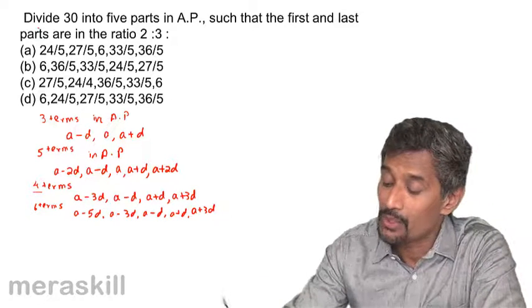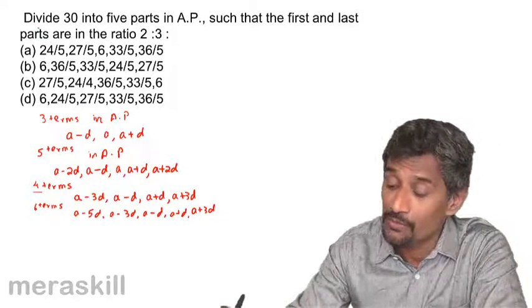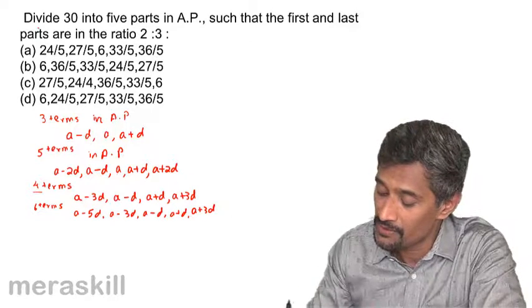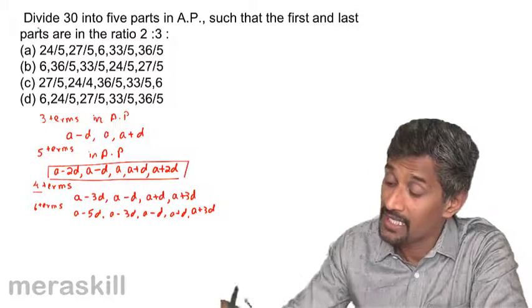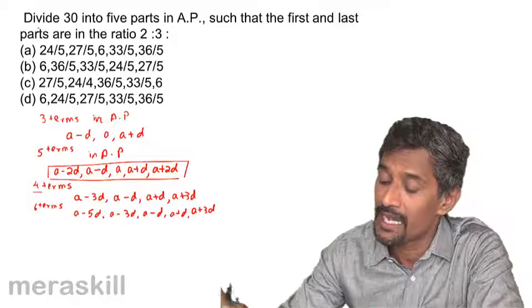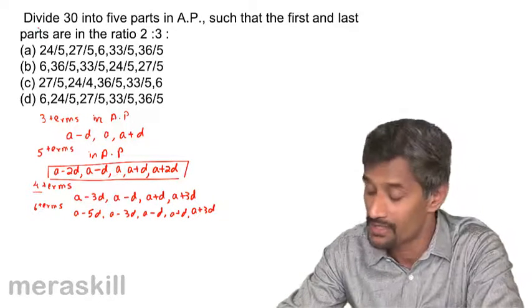So coming back to our question, we have to divide 30 into 5 parts in AP, such that the first and last parts are in the ratio 2:3.